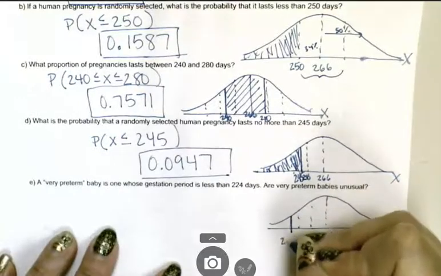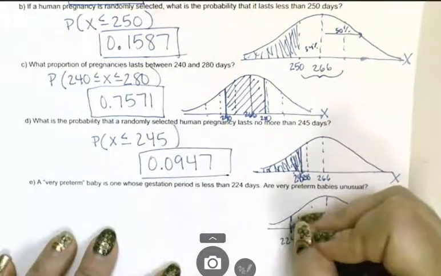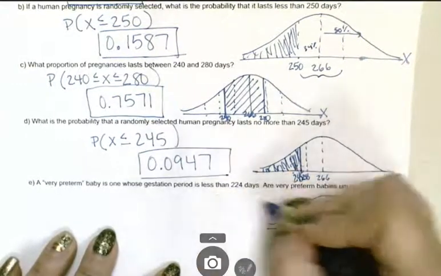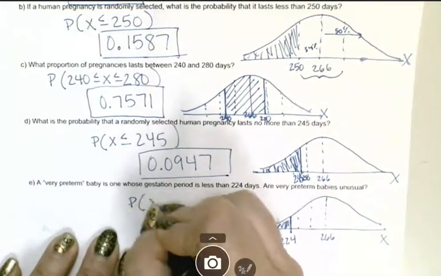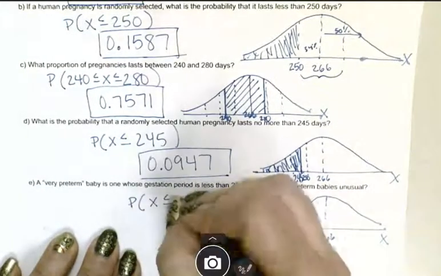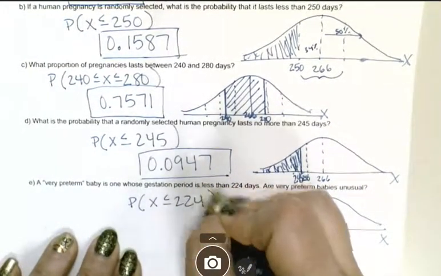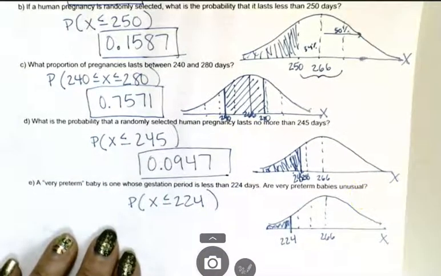So maybe about right here-ish. So less than, so shading to the left. So probability of X less than or equal to 224 is what I need to find in order to be able to answer the question.